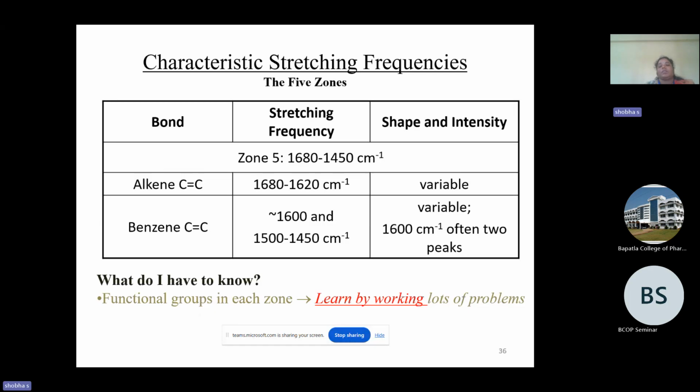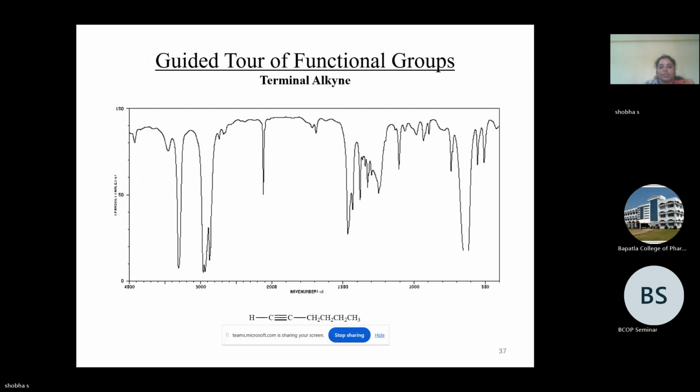When we want to be thorough with the IR interpretation of compounds, we need to have thorough knowledge as well as thorough practice. So if students are available, they need to note these compounds systematically: how we give the nomenclature, that means functional group analysis in the IR.